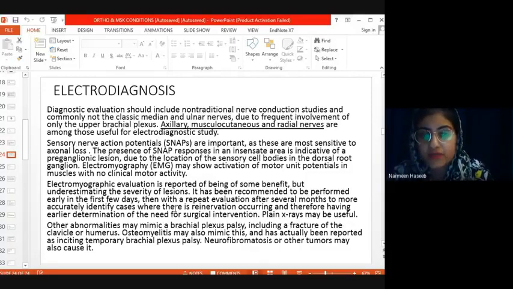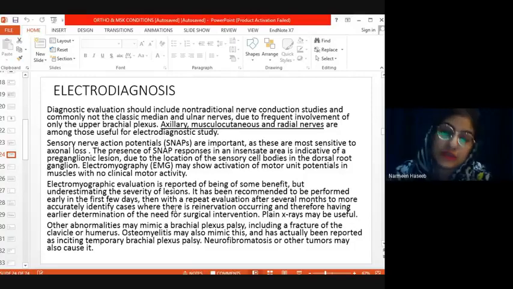Then we have electromyographic evaluation, which will be reported of being some benefit, but underestimating the severity of lesions. It has been recommended to be performed early in the first few days and with a repeat evaluation after several months to more accurately identify cases where there is reinnervation occurring and therefore having earlier determination of the need for surgical intervention.